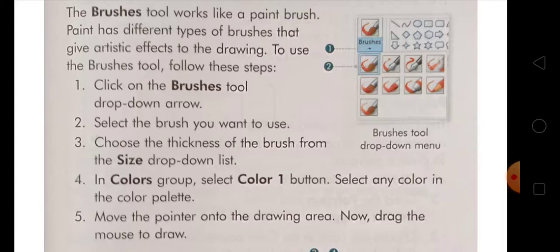In the paint window, there are two tabs, Home and View, and then there are groups. You have also learnt the pencil tool, eraser tool, fill with color tool, color picker tool, text tool, and brushes tool.